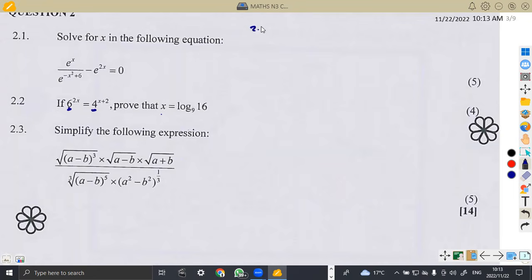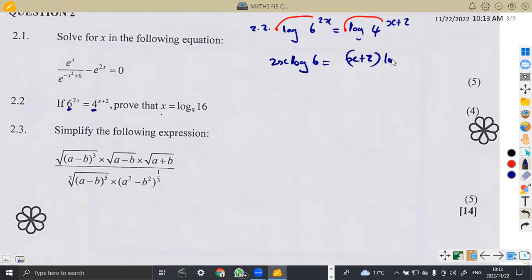So if we introduce logarithms, we're supposed to have log 6 to the exponent of 2x, which is equal to log 4 to the exponent of x plus 2. We know that after the introduction of log, we're supposed to drop the exponent from the laws of our logarithms. So it's going to be 2x log 6, which is equal to x plus 2 log of 4.